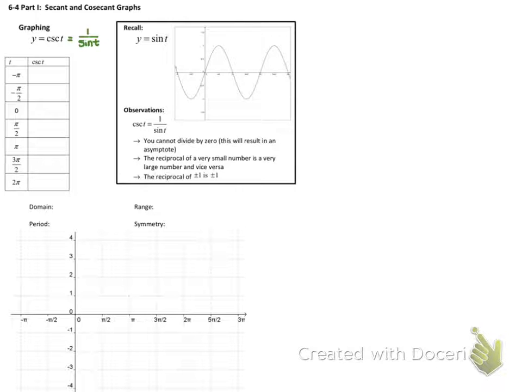So at negative pi, sine is 0. So 1 over 0 is undefined. At negative pi over 2, sine is negative 1. At 0, sine is 0 again, so 1 over 0 is undefined.